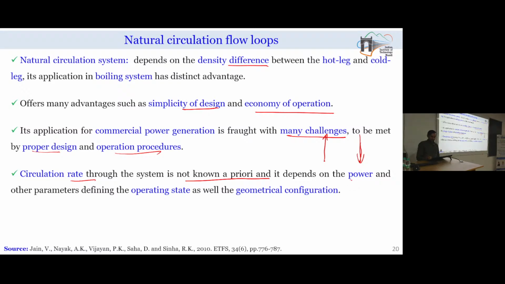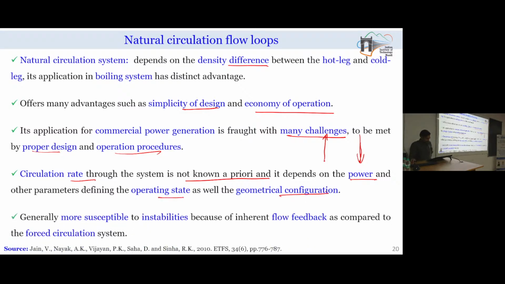However, it depends upon whatever amount of power we are supplying, because depending upon the power, heating will take place, and on many other parameters such as operating state and geometrical configuration of the system. Generally, these types of systems are more susceptible to instabilities because of their inherent flow feedback. What is the meaning of inherent flow feedback?